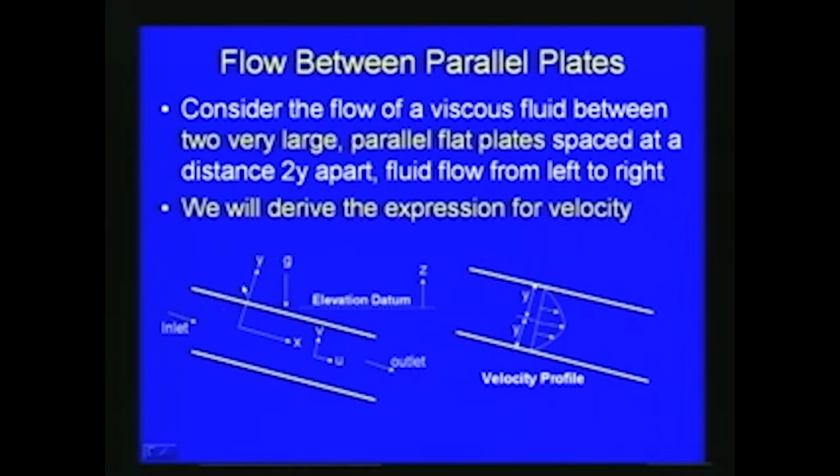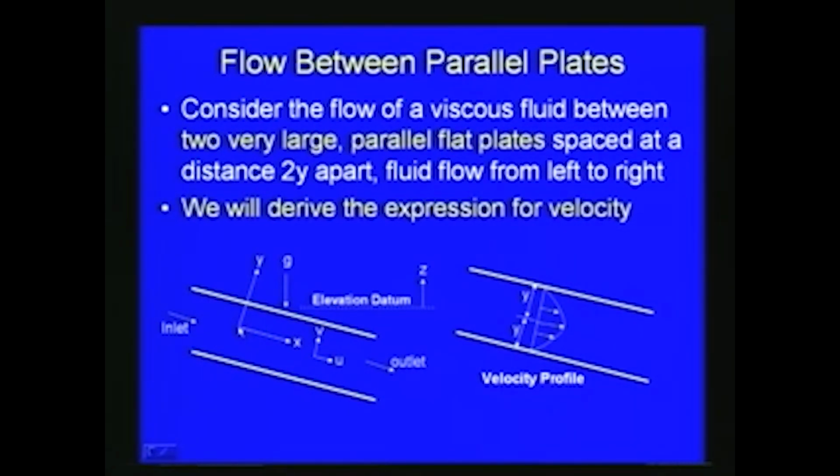We can see here these two plates placed at a distance of 2y between them, and the flow is taking place from left to right like this. This is the inlet of the flow, and here is the outlet of the flow. We consider the axis at the center between the plates.